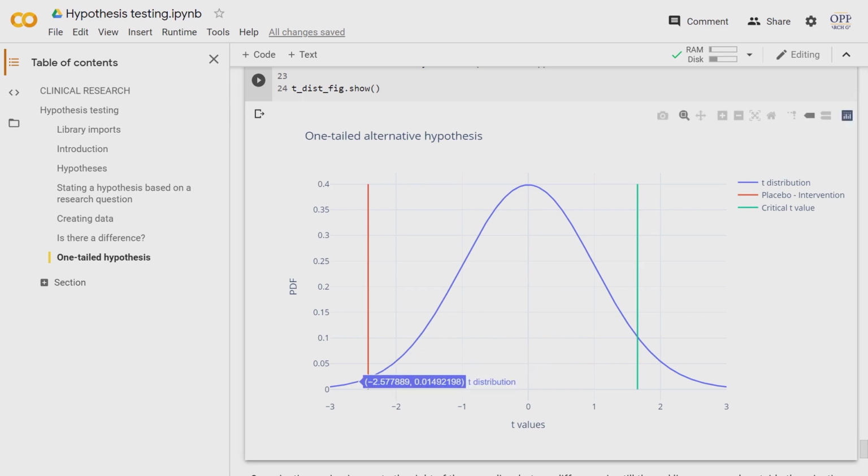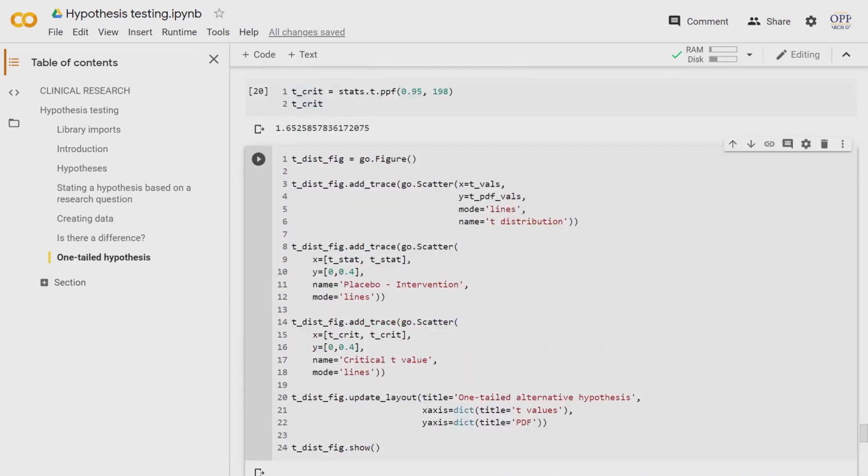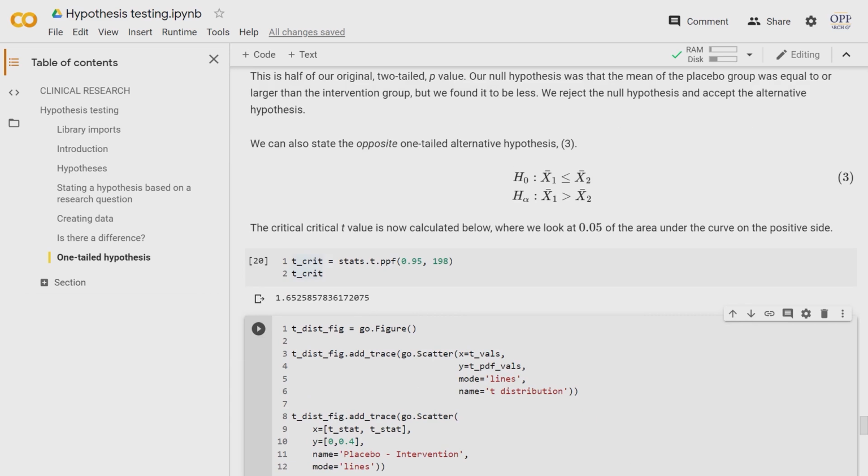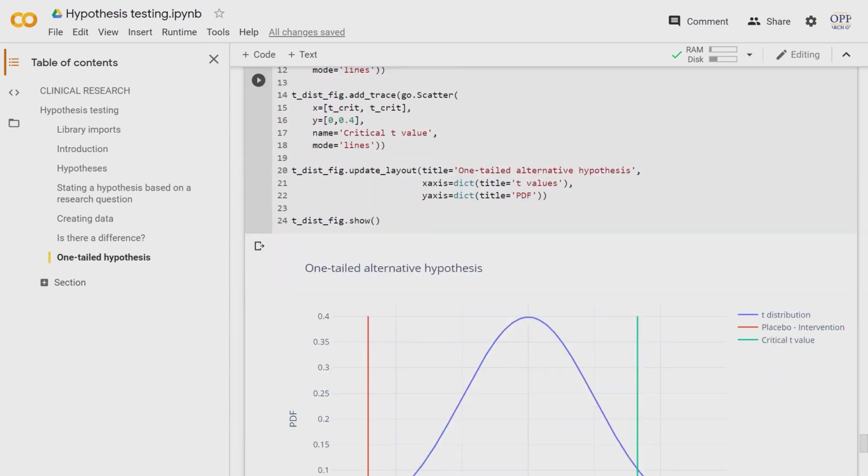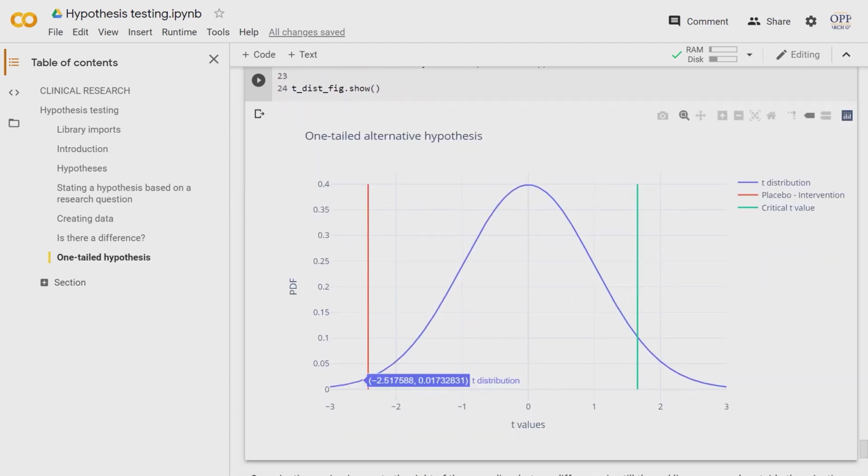And I hope that makes sense, because our null hypothesis was that the placebo group mean was going to be less than, and we really did find it was less than. So now we can't claim that little area as our p-value. It's 1 minus all of this, because our rejection zone is now here on the right-hand side.